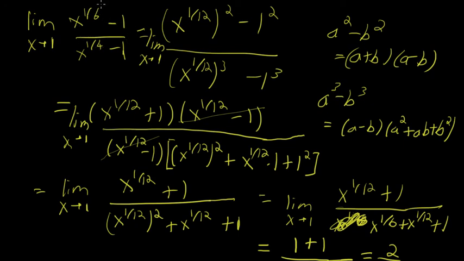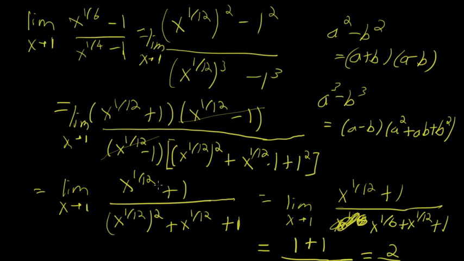So if we look at this x to the 1/6 as the square of x to the 1/12, and we look at this x to the 1/4 as the cube of x to the 1/12, we can get an x to the 1/12 minus 1 factor in both the numerator and denominator. They can subsequently cancel, leaving us with no terms of the form x to the something minus 1.